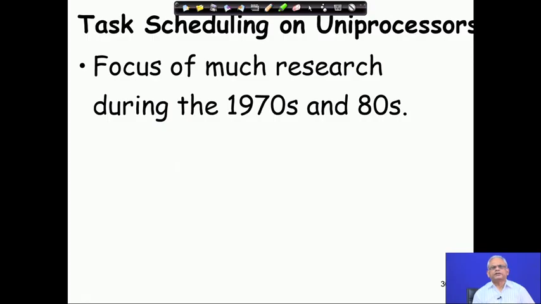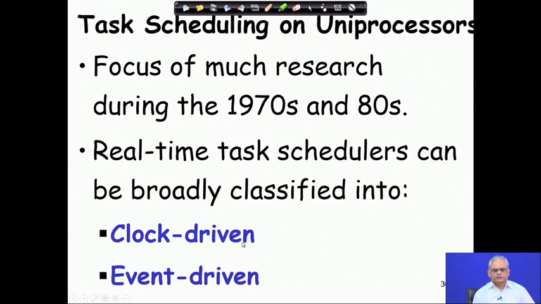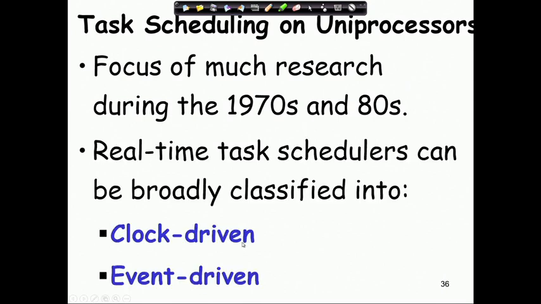A lot of results became available during those days, and many of those results are even referred to till now. So, based on the research done in those days, we have mainly two types of schedulers: clock driven and event driven.